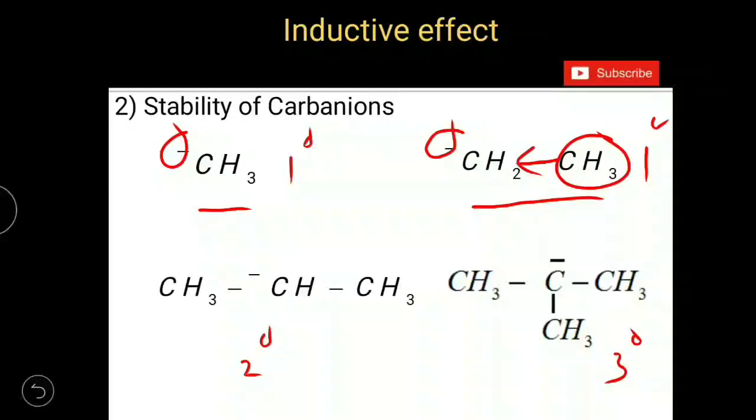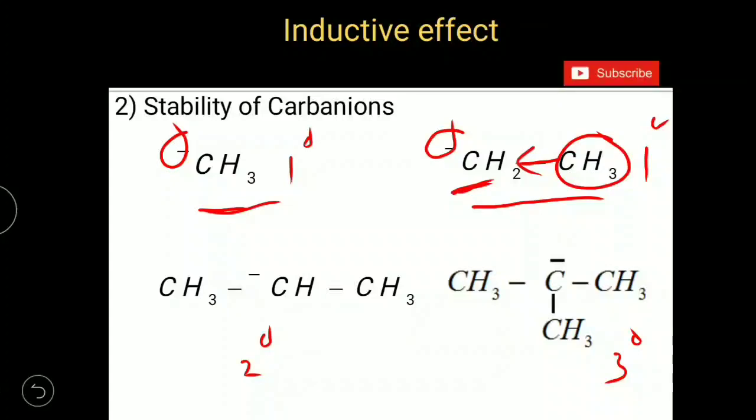This carbon already has negative charge and one more electron pair is coming towards the carbon, which increases the negative charge on the carbon atom. If the charge on the ion increases, then its reactivity increases, stability decreases. So this ethyl carbanion is less stable than methyl carbanion.